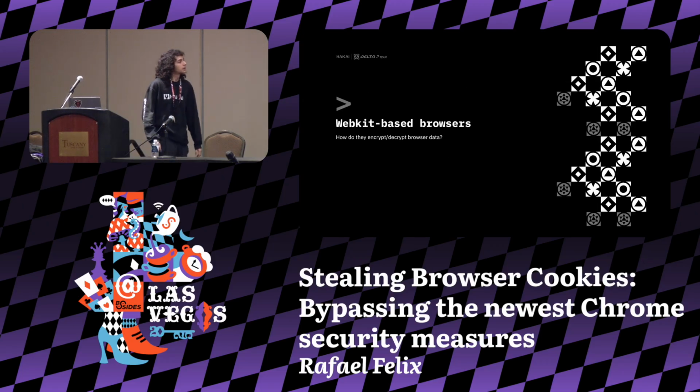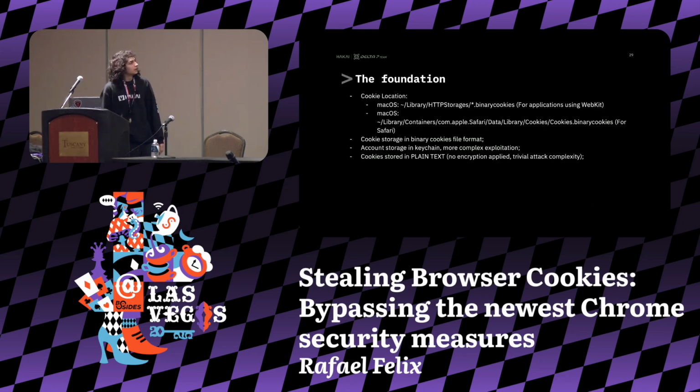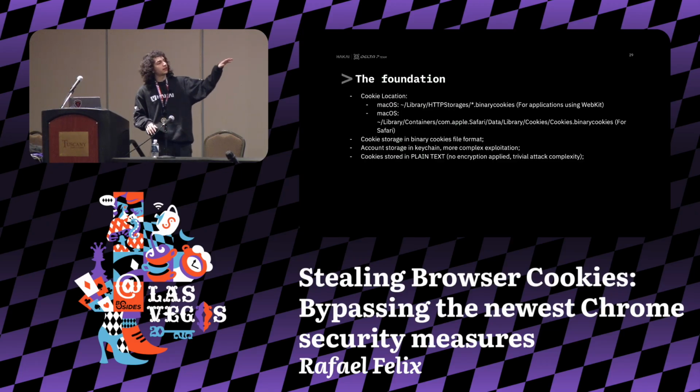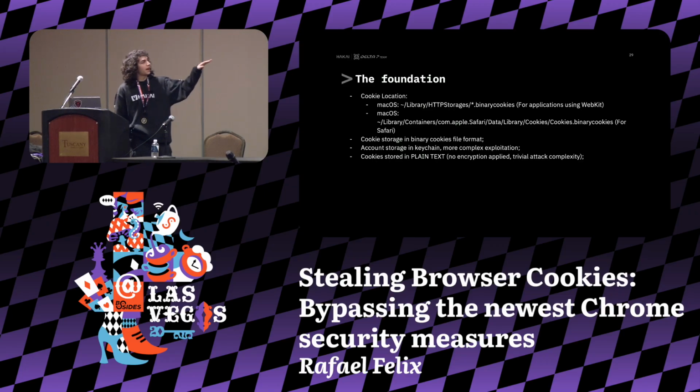WebKit-based browsers. How do they encrypt and decrypt browser data? So let's get to the foundation. Cookie location on macOS. Actually, on macOS, some applications implement WebKit too. So you find these cookies in Library, HTTPStorages, and binary cookies files.